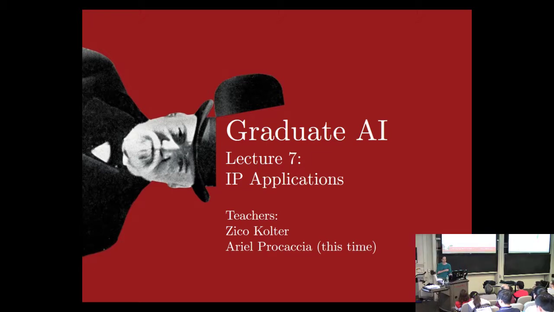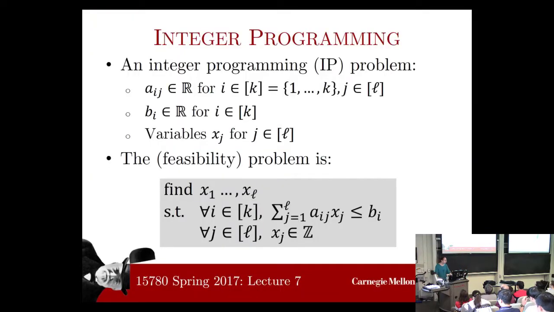Okay, so let me just reformulate the integer programming problem. The reason I'll do this is that my formulation is going to be cosmetically slightly different from Zico's. Zico used this vector matrix kind of notation, which is very elegant, but I think this kind of notation will make it clearer when we talk about specific problems, what the variables are and what the constraints are.